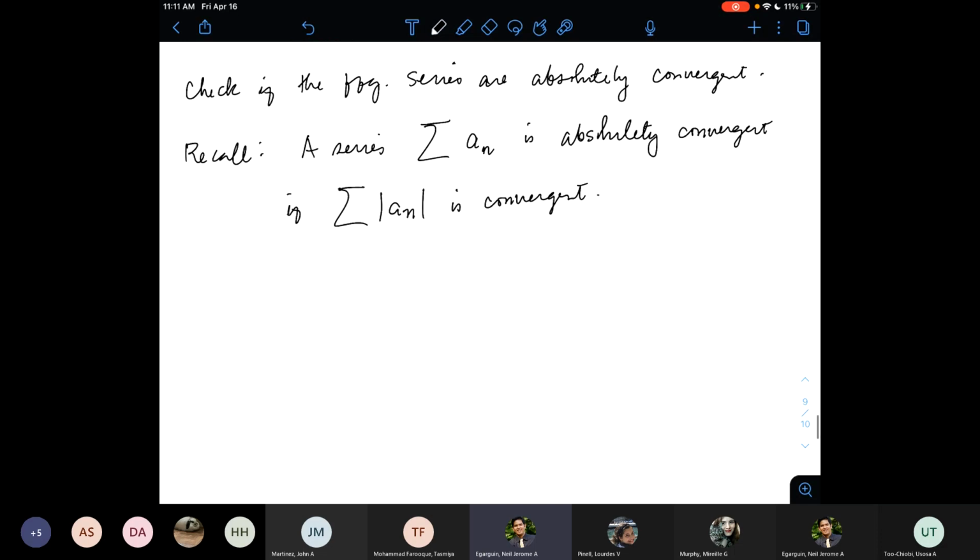And there's a nice result: if a_n is absolutely convergent, then it is also convergent.